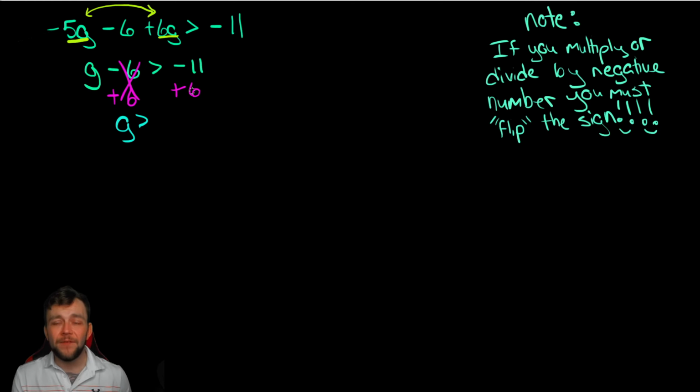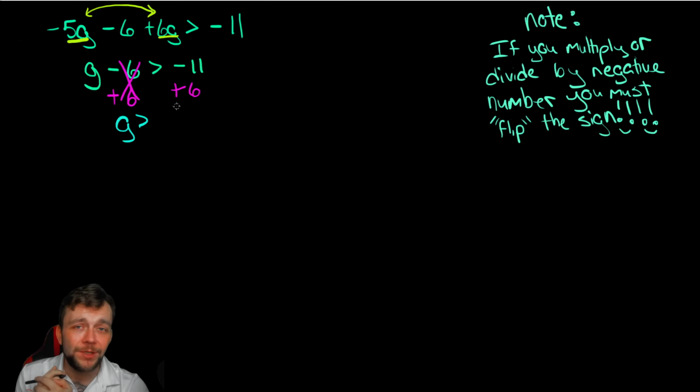What is negative 11 plus 6? Think of it like debt. You owe somebody $11. I come up and give you $6. You're like, oh my gosh, thank you so much, Paul, for the $6. I'm going to go pay off my debt with this.